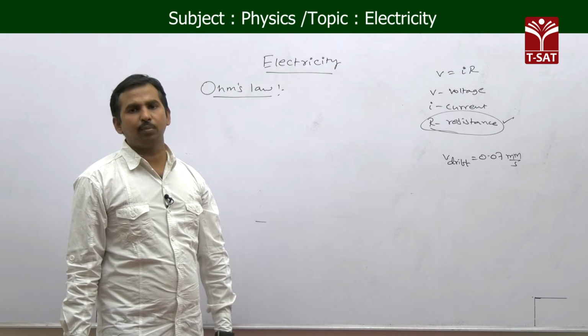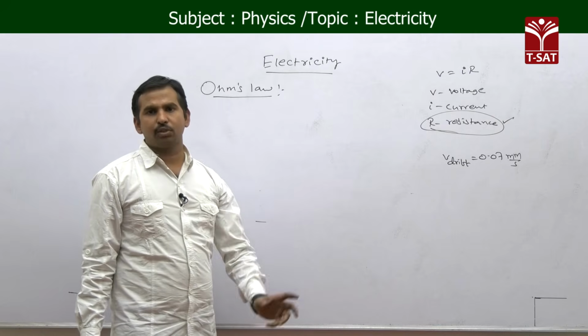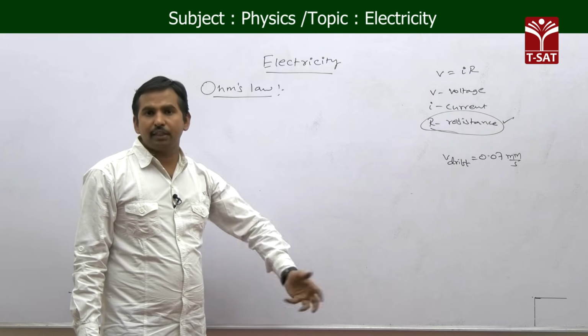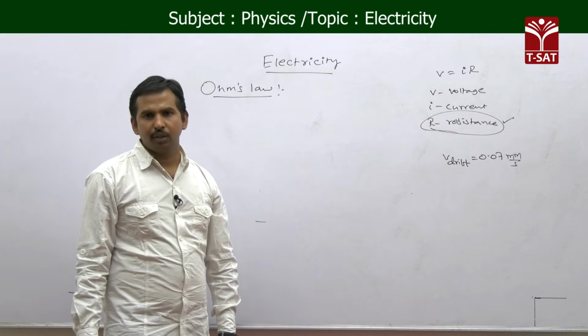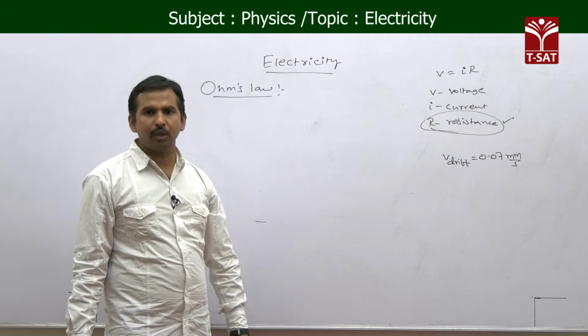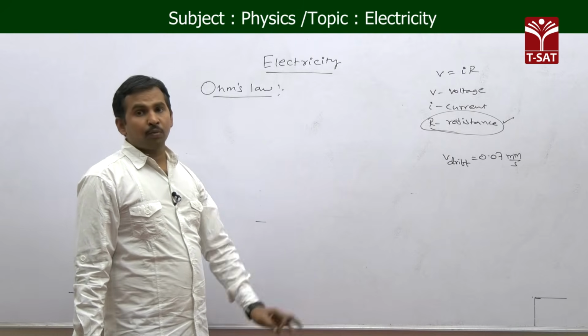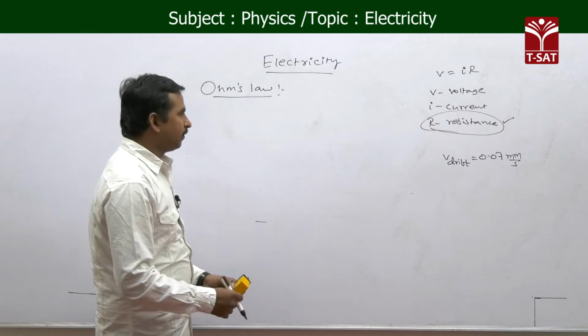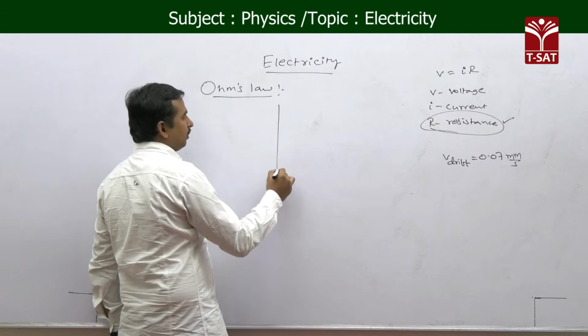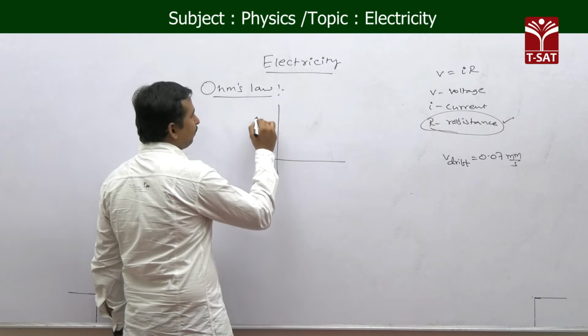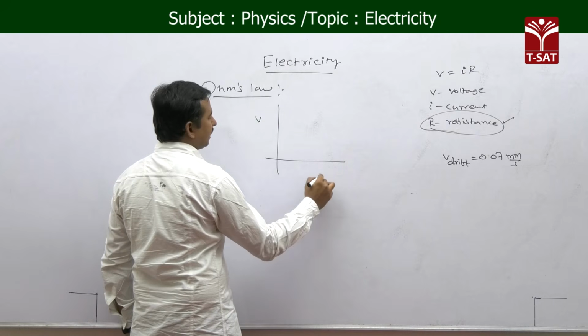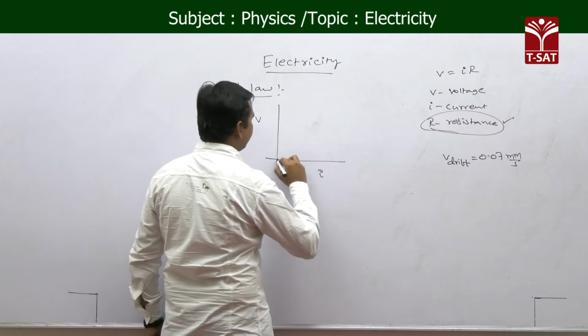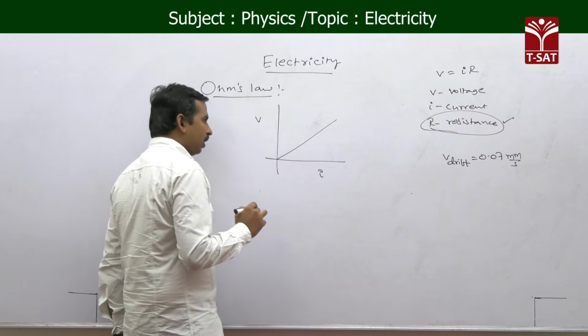This is not applicable for the gaseous state, and whenever there is a change of temperature, we cannot apply it. Okay. So, at constant temperature for metals, if you draw a graph between voltage and current, we get a straight line passing through the origin.